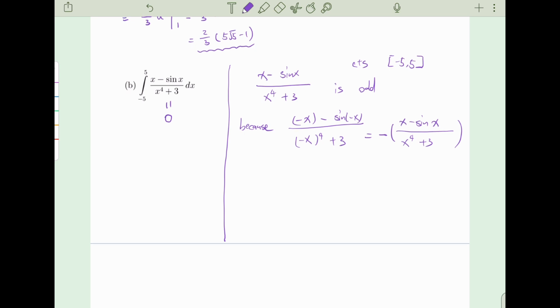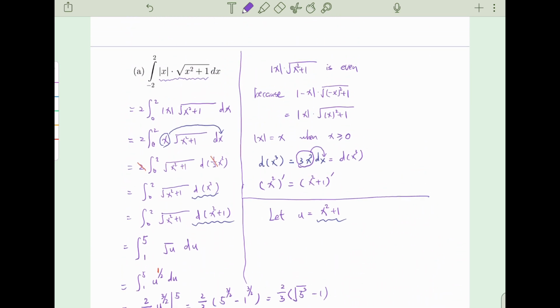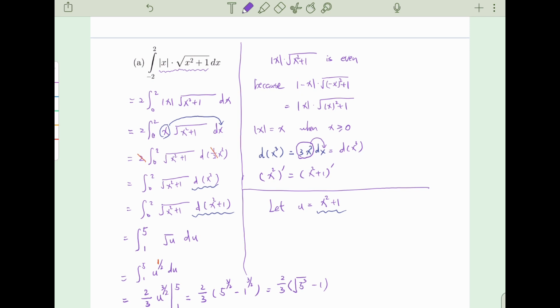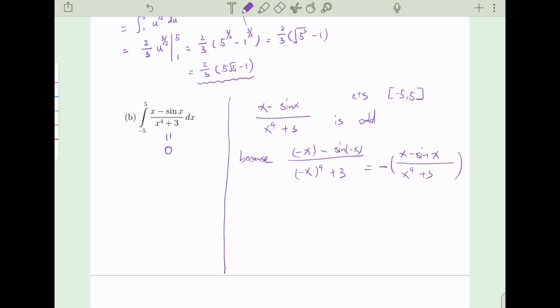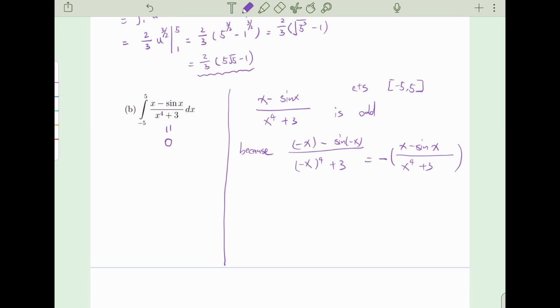And I can also mention this for the previous question, which I forgot to mention. Just continuous on this interval. Okay, so question B is a lot easier than question A, because for an odd function there's nothing we need to do. It's just equal to 0. Okay, so that is our question B.